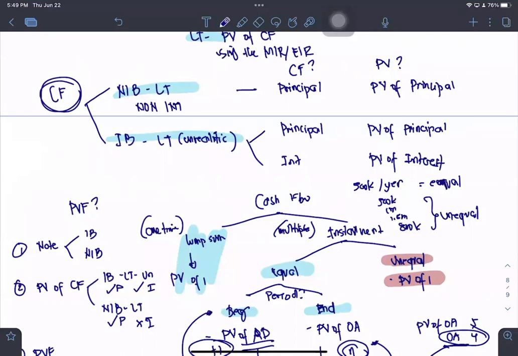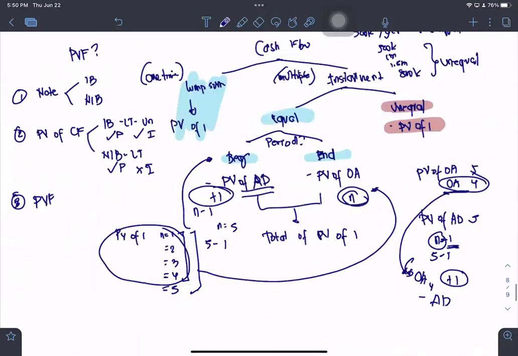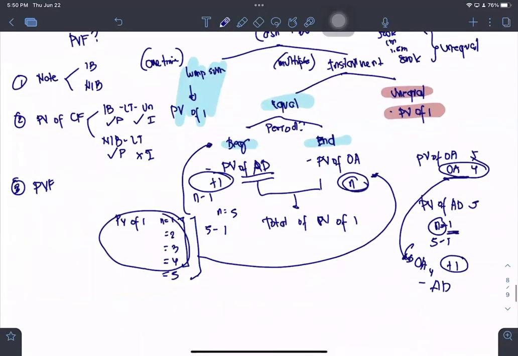In non-interest-bearing long-term, it's only principal. In interest-bearing long-term, it is unrealistic. After that, you need to determine the proper present value factors. And what did we say? If you are given PV of 1 for different periods, the total of PV of 1 is your ordinary annuity.